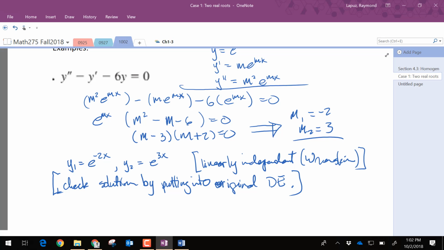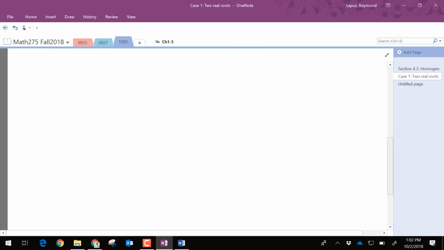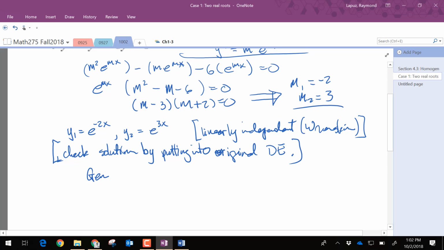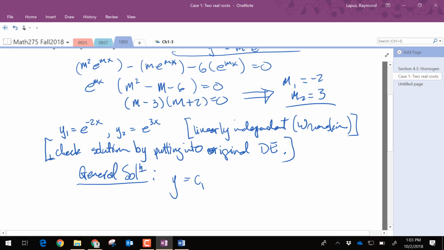And so our general solution is going to be y is equal to c1 times y1, which is e to the minus 2x, plus c2 times y2.